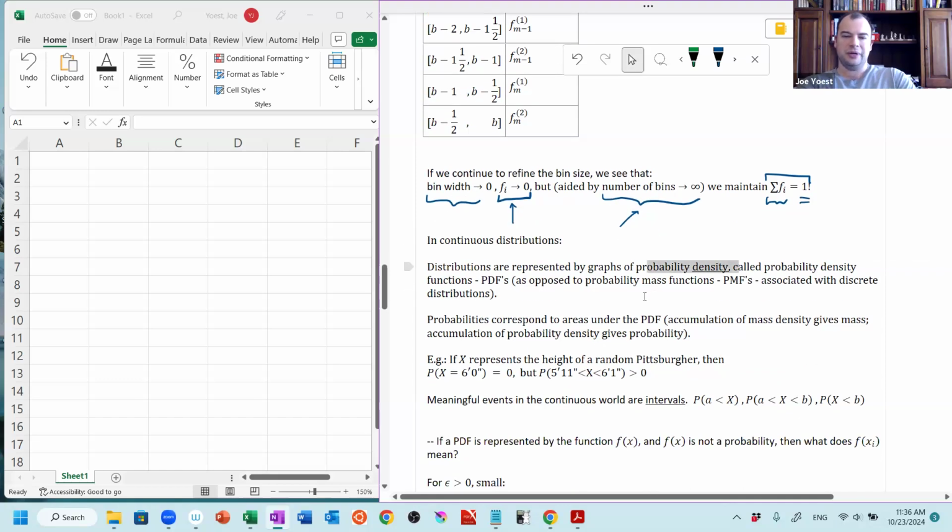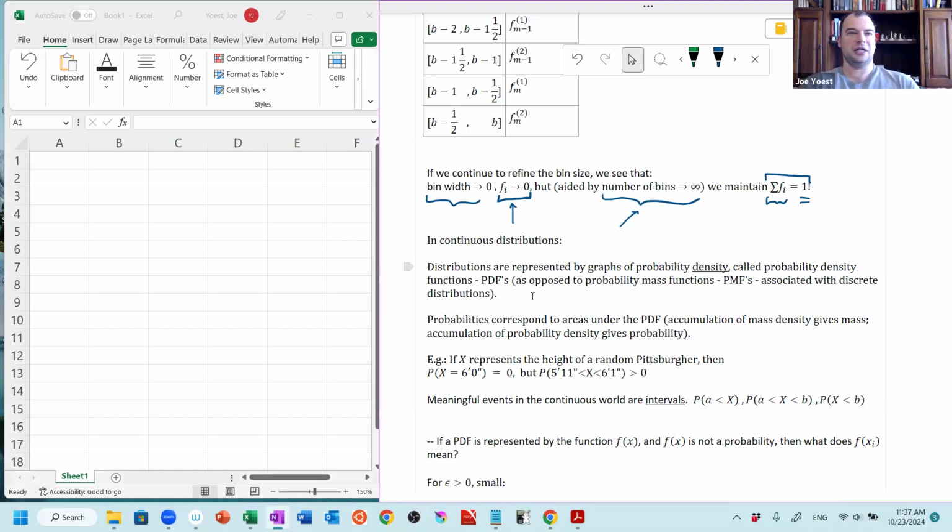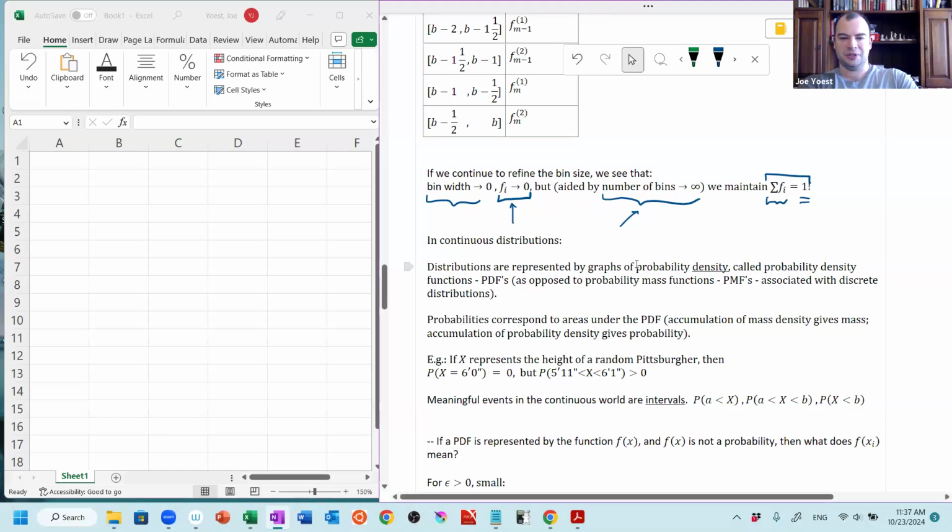So what do we have to do? Well, we have to instead talk about mass density, or in this case, remember masses are like probabilities, probability density. So in continuous distributions, we represent the distribution, the model, instead of by a chart or a table, by a graph, a drawing that represents a probability density. And of course, that graph or drawing is usually associated with an algebraic function that gives rise to that picture.